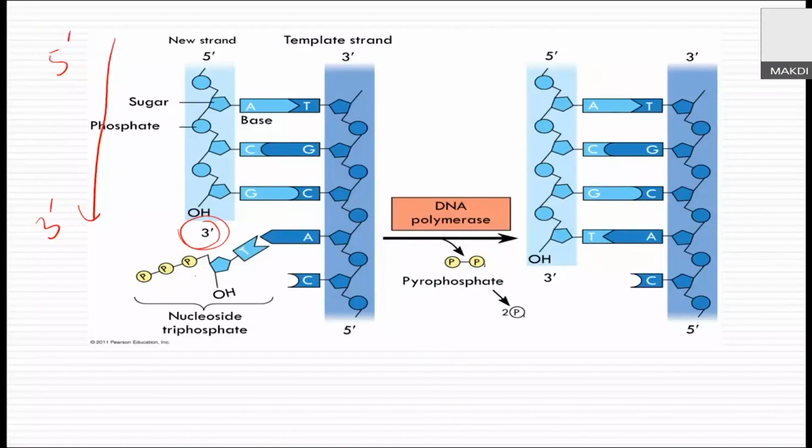Jadi nucleotide triphosphate dia akan undergo reactions that will release the triphosphate into pyrophosphate. Jadi tinggal satu phosphate. Jadi that's why kita panggil dia phosphodiester linkage. Dia jadi covalent bond. But this one is more chemistry. You don't have to explain the chemistry part.